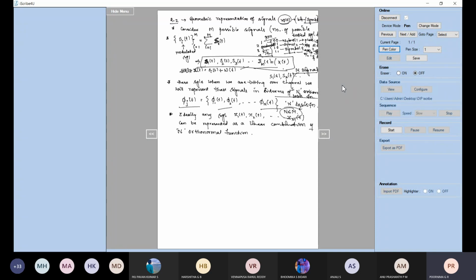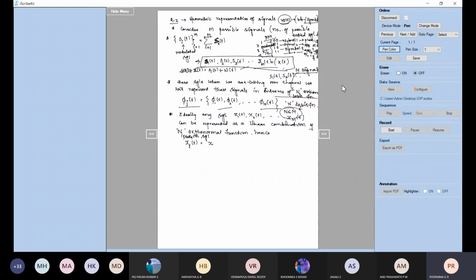So hence you can represent your ith signal, xi of t, as what? Let us take the ith signal. When you take an ith signal, how do we transmit it?